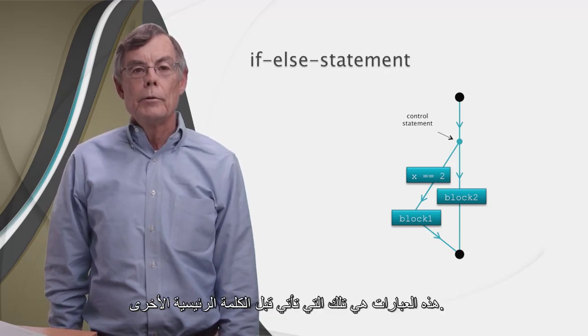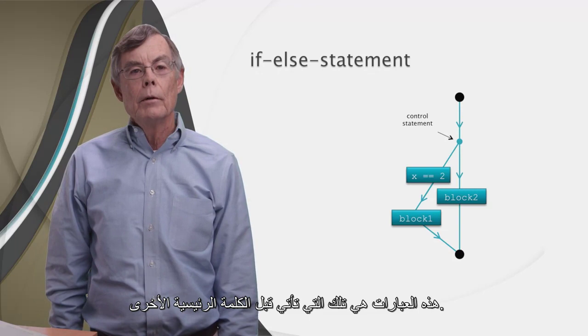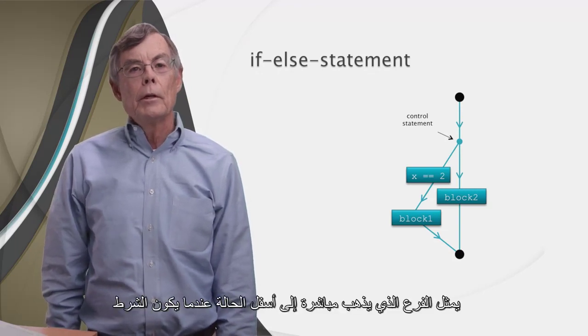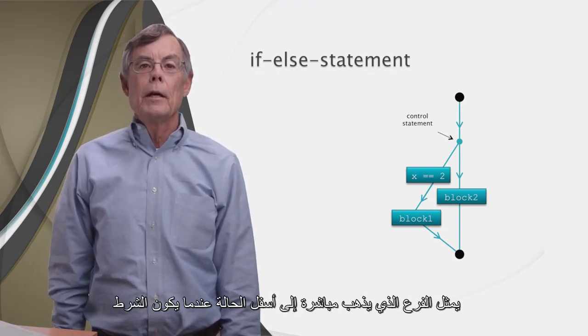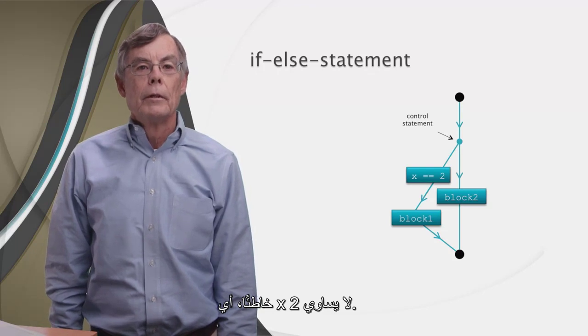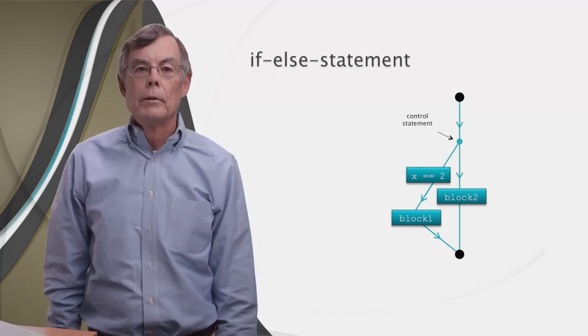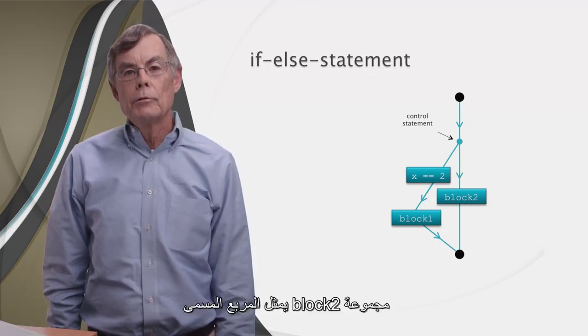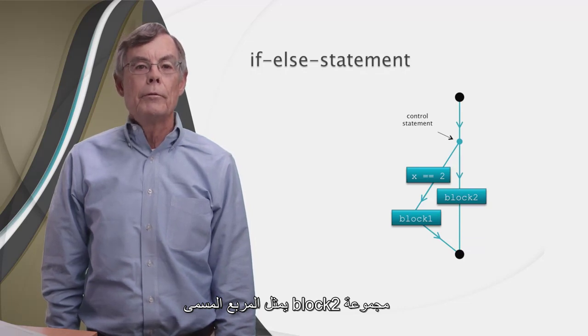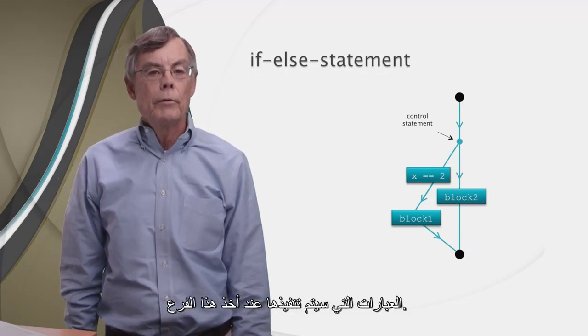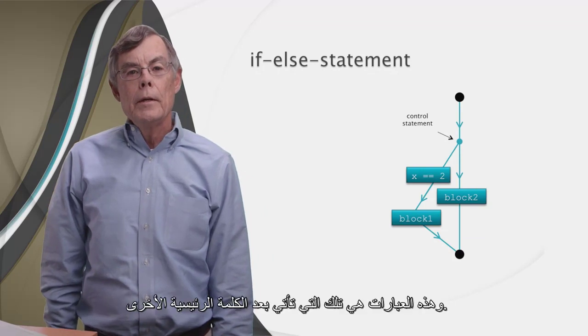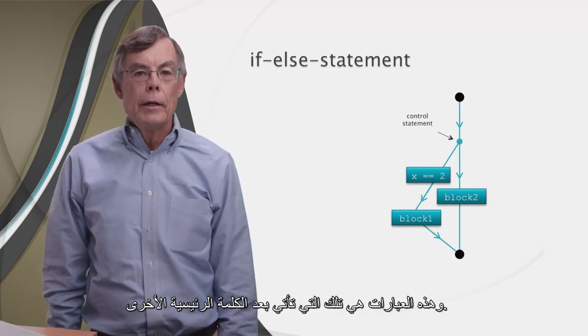These statements are the ones that come before the else keyword. The branch that goes straight down represents the case when the condition is false, that is, x is not equal to 2. The box labeled block 2 represents the set of statements that will be executed when this branch is taken. And these statements are the ones that come after the else keyword.